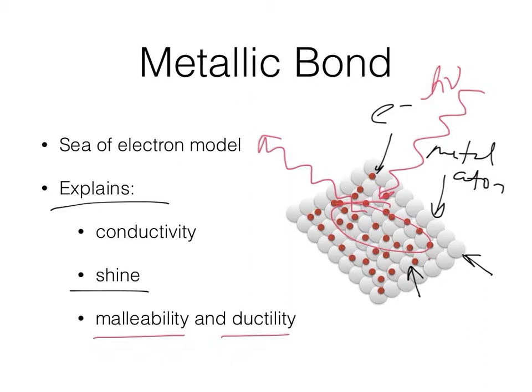Now, it's a good attractive force, but it's not anything nearly as attractive as something like a covalent bond. Whereas the network covalent bond in something like silicon. Silicon, very shiny, very, very brittle. Okay? If you hit silicon with a hammer, it will shatter because they are held rigidly in place and not allowed to move, not allowed to flow.